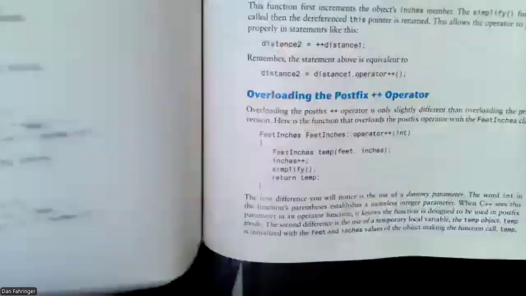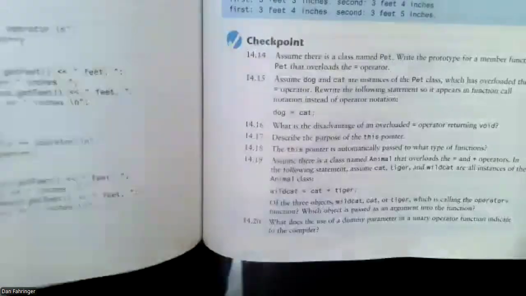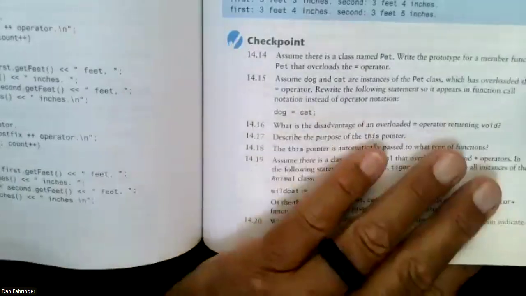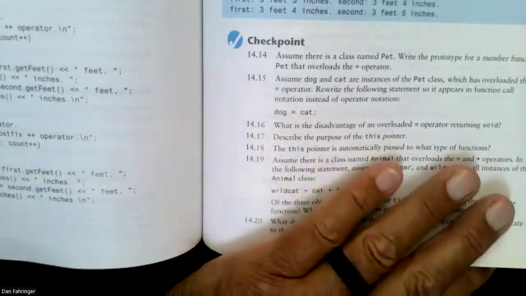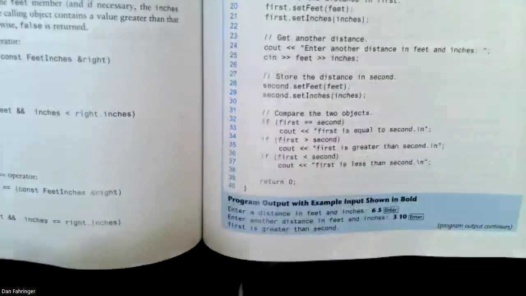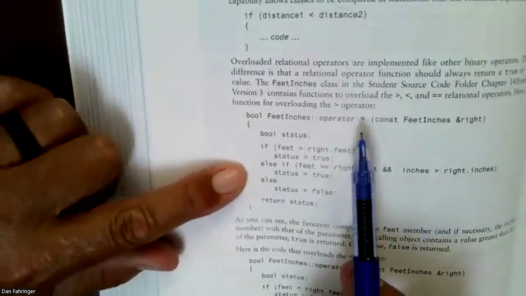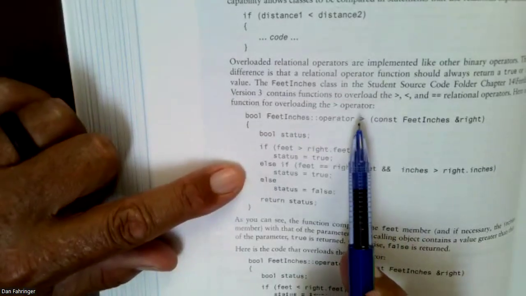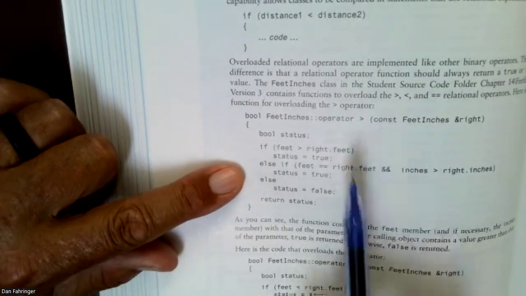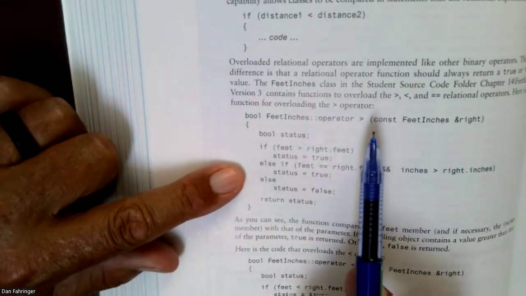You don't have to load any of these up, but some of the other versions that are included in here overload some of the other operators. Like 1410, here we are, we're overloading the greater than. I could see if one is greater than the other before doing the subtraction.